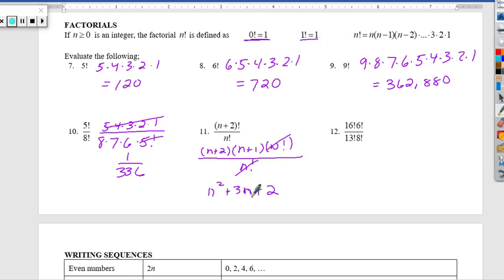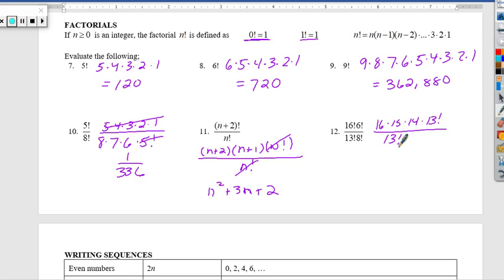Again, we just want to work through this here. I have 16 factorial over 13 factorial, times 6 factorial over 8 factorial. So I'm going to start with the 16. So 16 times 15 times 14, and then I'm just going to leave it as 13 factorial because I know I have a 13 factorial down here.